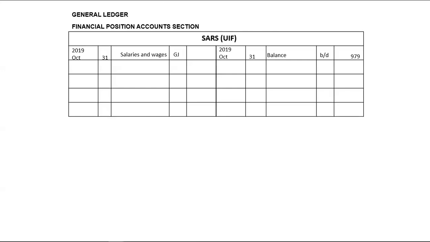But in this case, because they were both included under salaries and wages, I will include salaries and wages and add the two amounts, which is 148 plus 148. That will be 296. You'll be left with what we still owe to SARS. And we still owe SARS 683, which is in terms of UIF.